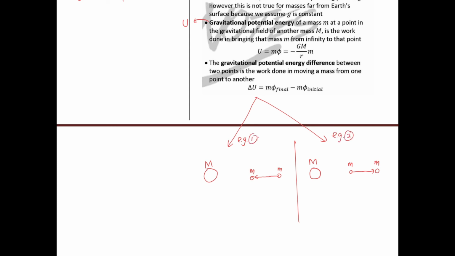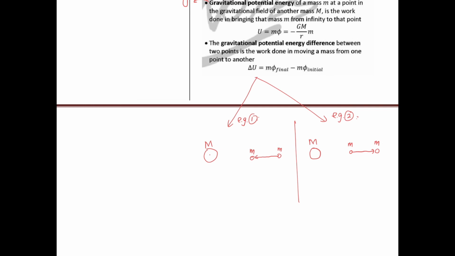So I put two examples, and you try to imagine how we count the gravitational potential energy. So the first point, let's work out the R first. Let's say this is the R final. This is the R initial. Initially the stone is here, then you bring it to this point. So this is the final R. This is the initial R.